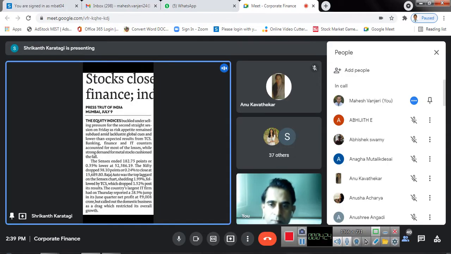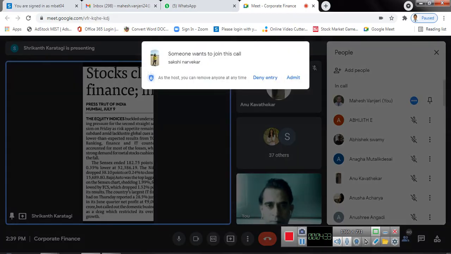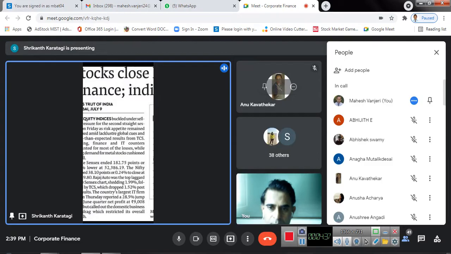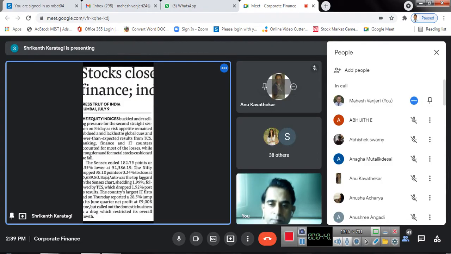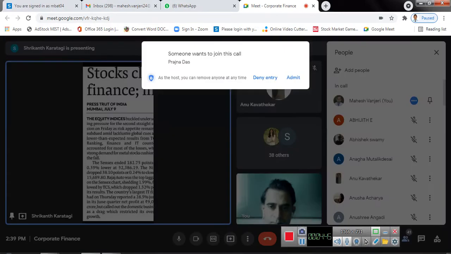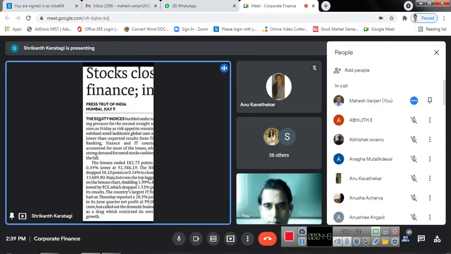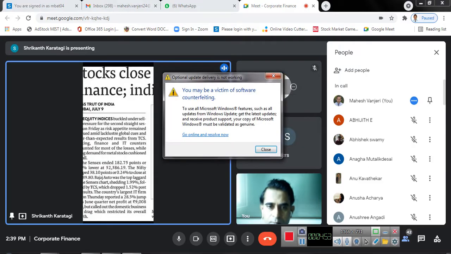fall. The Sensex ended 182.75 points or 0.35% lower at 52,386.19. The Nifty dropped 38.10 points or 0.24% to close at 15,689.80. Bajaj Auto was the top laggard on the Sensex chart, shedding 1.99%, followed by TCS, which dropped 1.52% post its results.